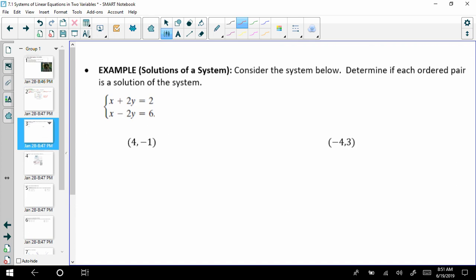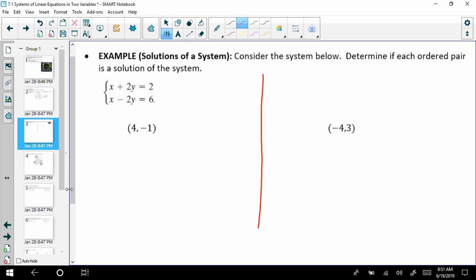Okay, so to get down this idea of is it a solution or not, it says consider the system below. Determine if each ordered pair is a solution to the system. So this guy is a system. Notice it's made up of 2 equations. That's what makes it a system. And I want to know, does this ordered pair 4, -1, is that an answer or a solution to the entire system?